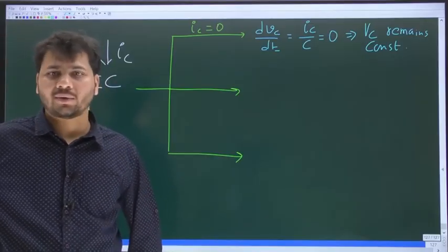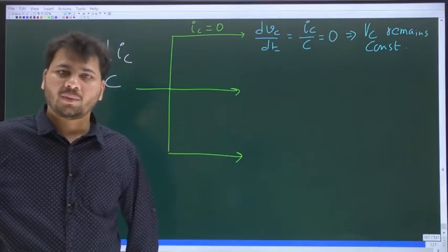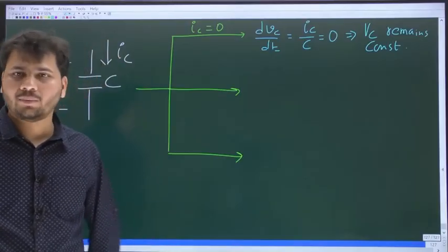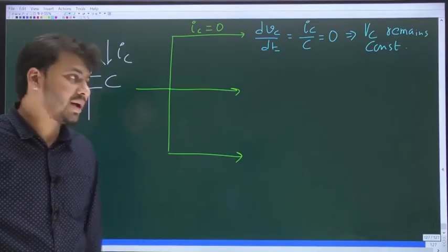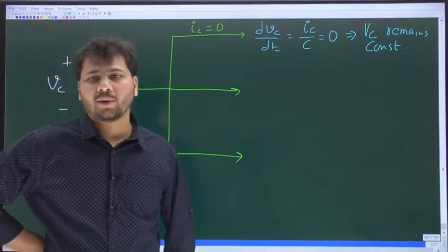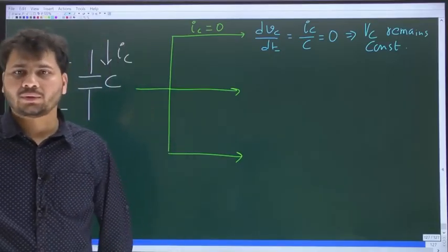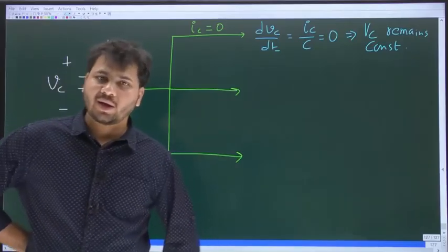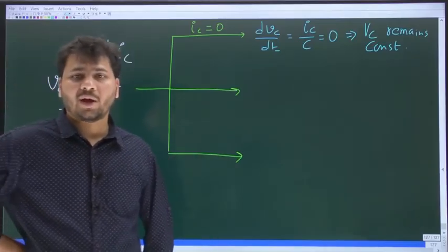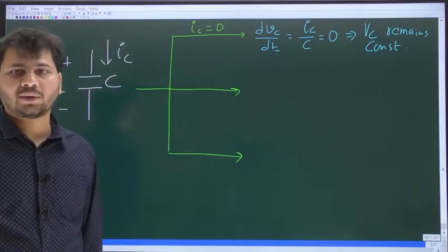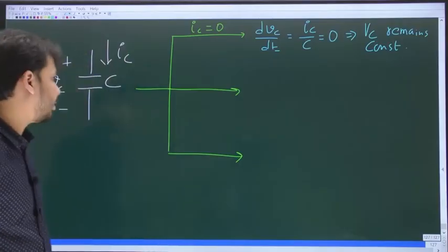It can be any constant value. It can be 0, it can be a positive value, it can be a negative value, but it does not change as long as the current through the cap is 0. So whenever voltage across the cap is constant, that will happen only when the current through the cap is 0. Just keep this in mind, okay?